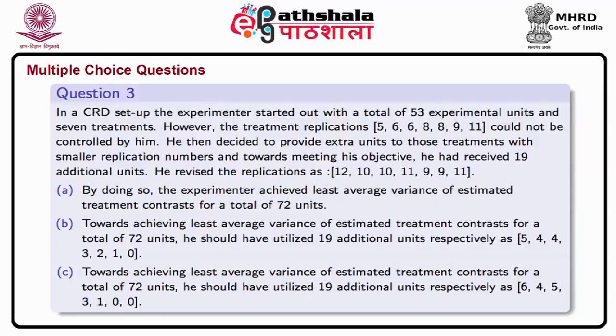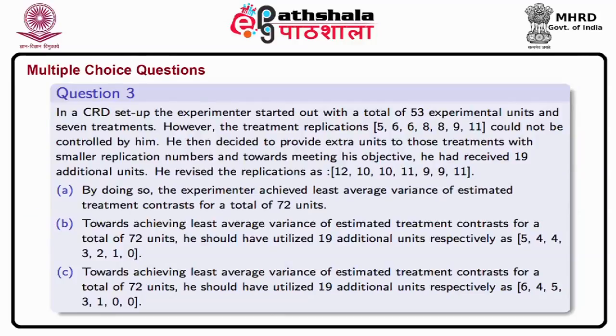So the options for him are: by doing so, the experimenter achieved least average variance of estimated treatment contrasts for a total of 72 units. The next one is: towards achieving least average variance of estimated treatment contrasts for a total of 72 units, he should have utilized 19 additional units respectively as 5, 4, 4, 3, 2, 1, 0.